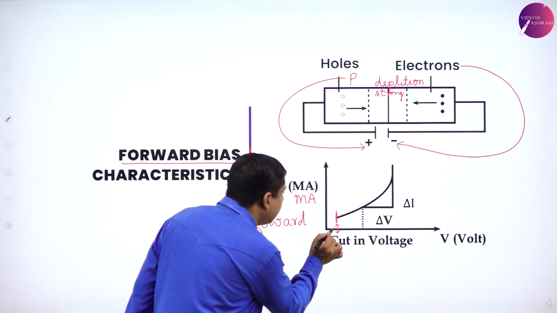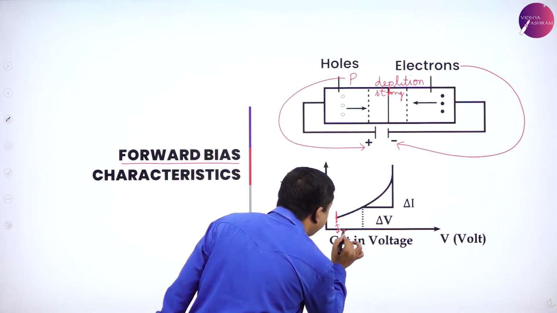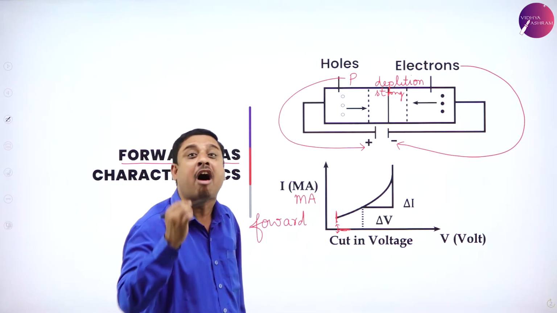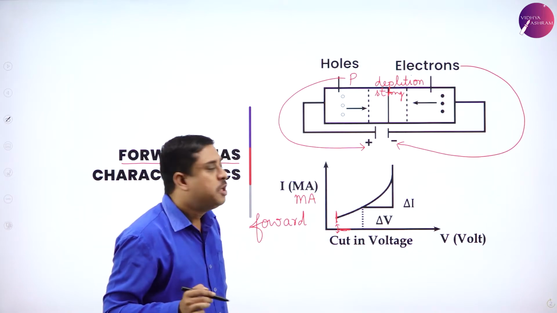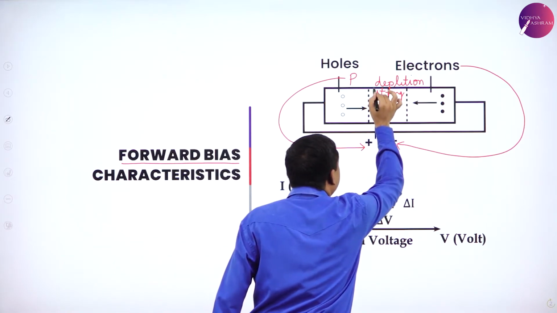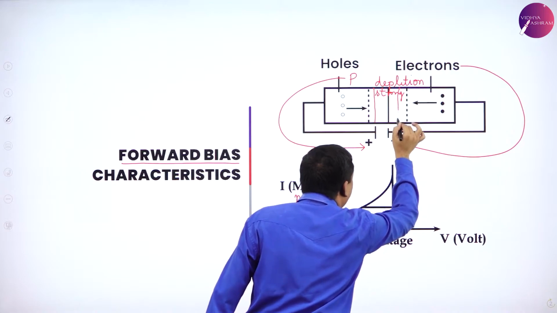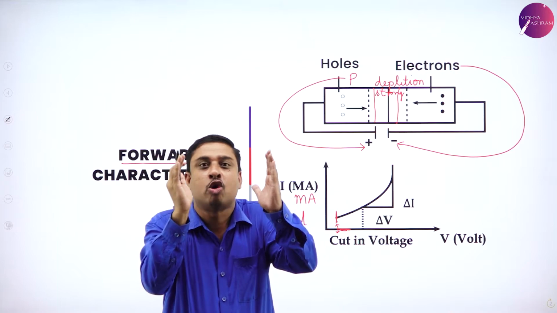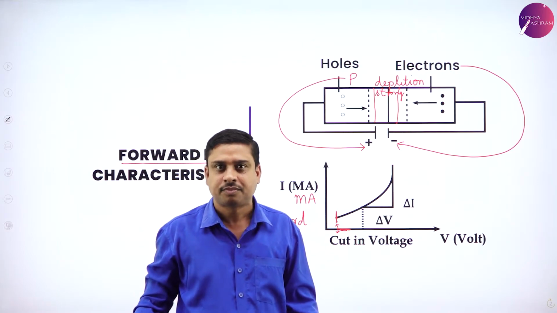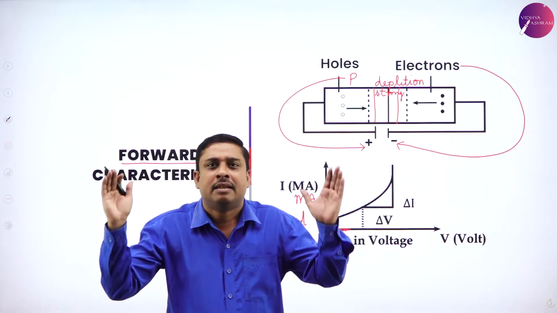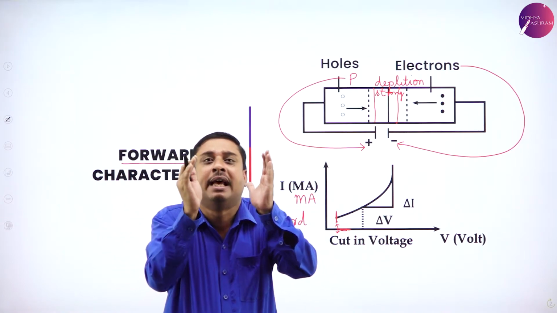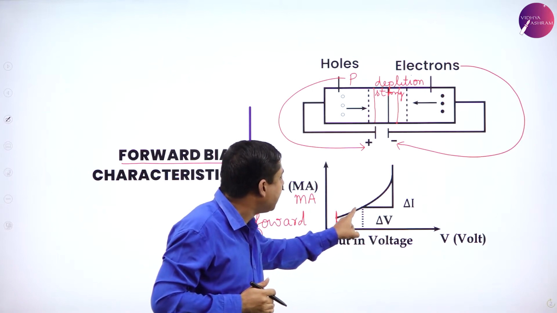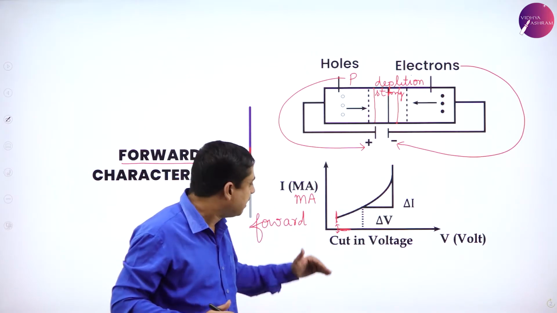Now, slightly increase the applied voltage, the bias voltage. Now what happens? The width of the depletion region goes on decreasing, which means the barrier potential goes on decreasing. See, beautifully you can observe here.